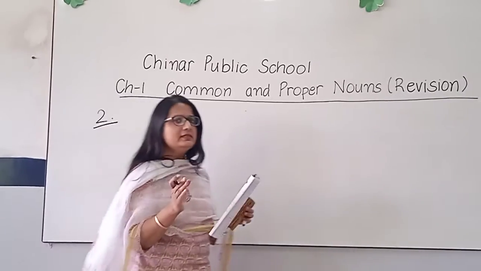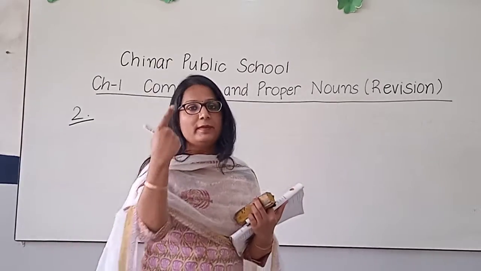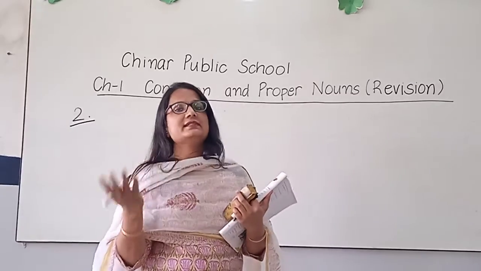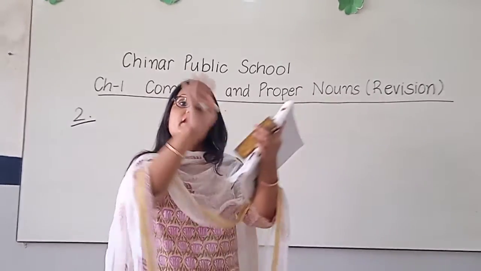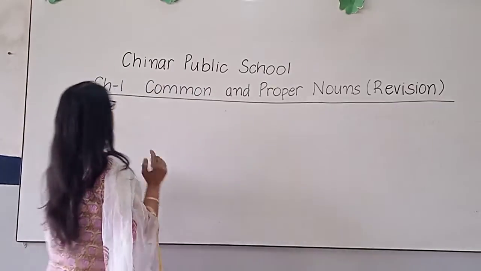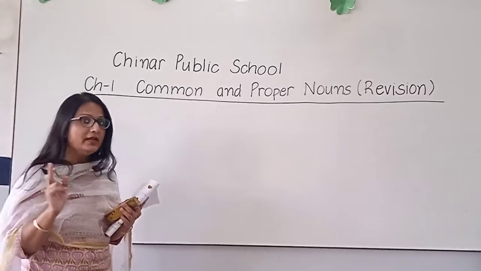What do you mean by plurals? Plurals are more than one. When we are talking about one particular thing or one person, one place, then it is singular. And when we are talking about more than one, it is plural. Fine. Plural forms, there are a few rules which are associated with it. Right?